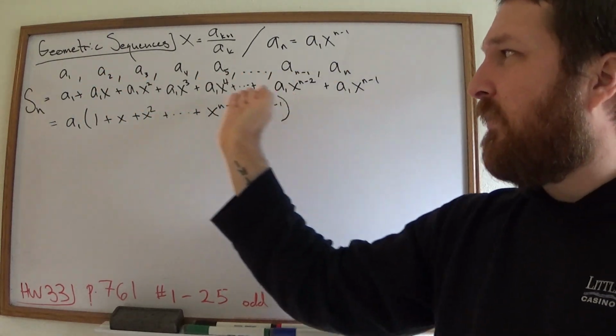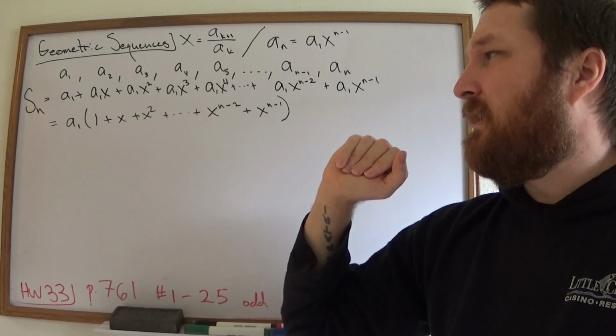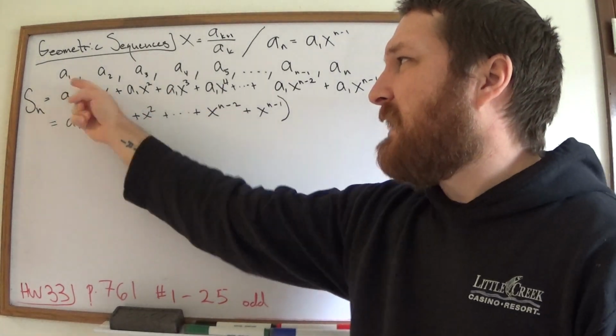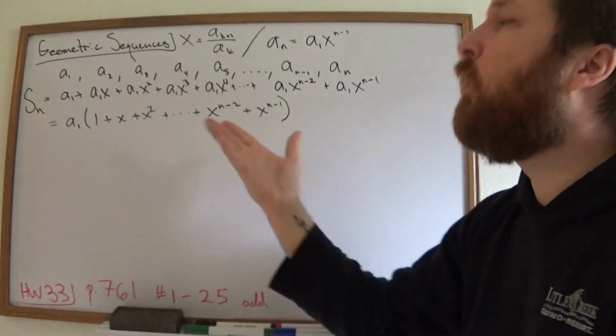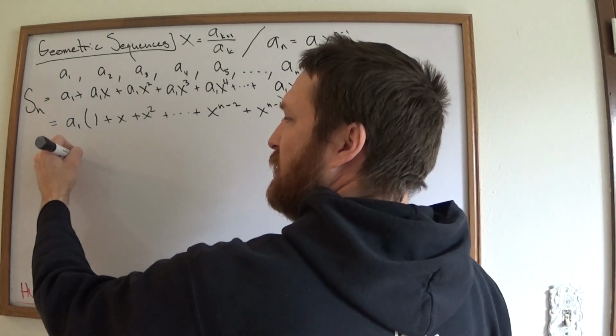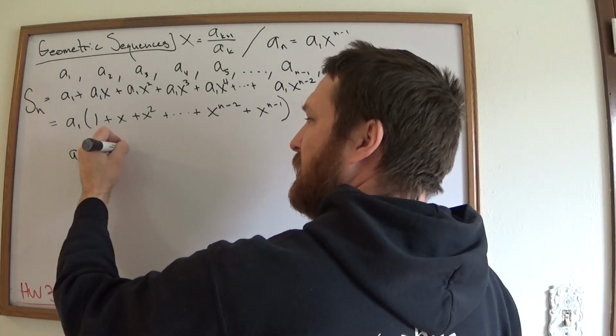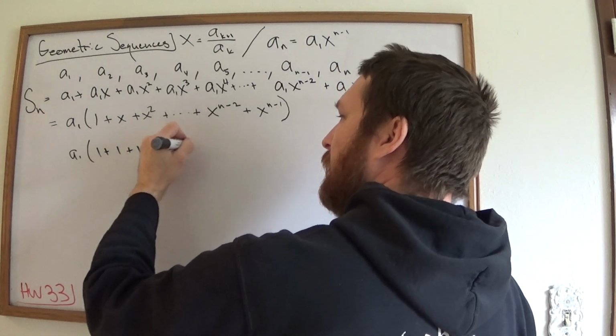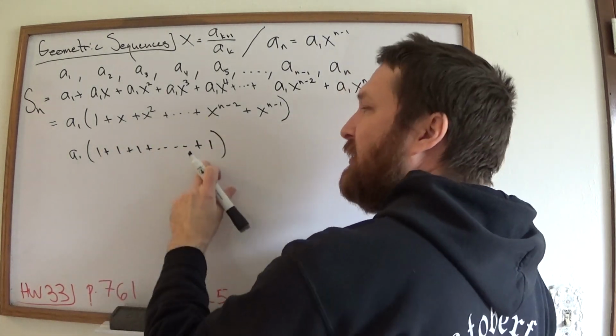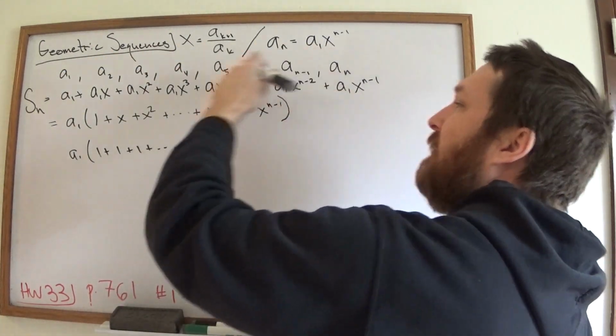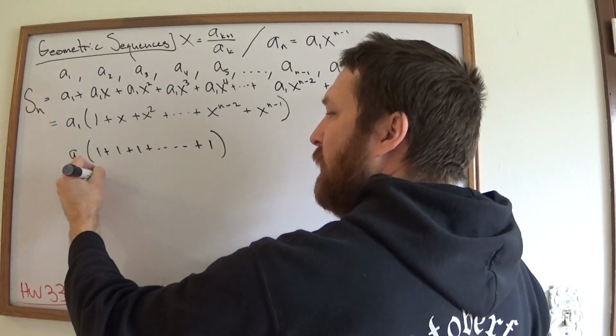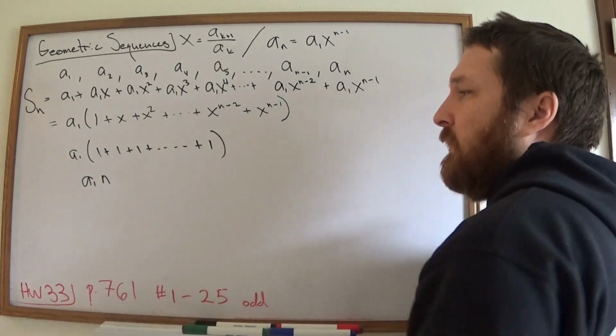And if you're adding up all the terms of a constant sequence, it would just be whatever the first thing is times the number of things that you have. Or you could look at it this way: if each one of these x's were 1s, you'd have 1 plus 1 plus 1 plus all the way down to 1. And how many 1s would you have? Well, n of them, and you'd have a1 times n. We saw that last time.